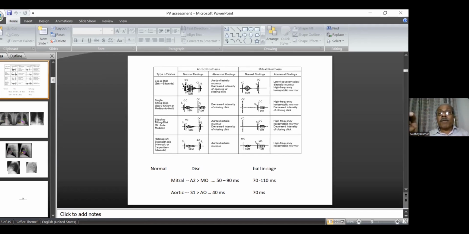The functional or physiological MDM in an otherwise normally functioning disc prosthesis is confined to mid-diastole. And bioprosthesis is very impressive, but in the mitral position, they can have a short MDM. So that is simple. Most important is the click in disc prostheses: the closing click is well audible and the opening click is faint.